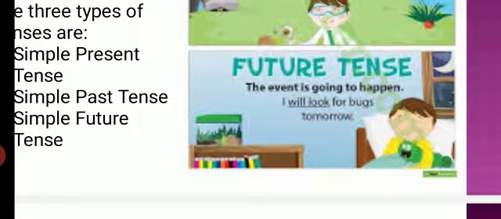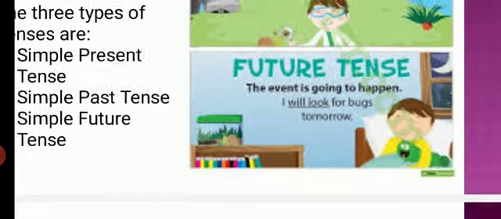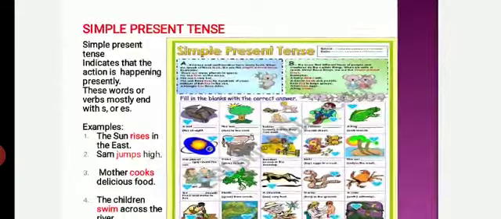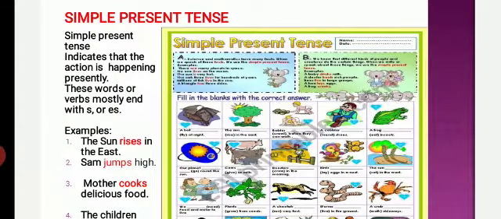Simple future tense is where the event is going to happen later. Let us study or learn all these tenses in detail.